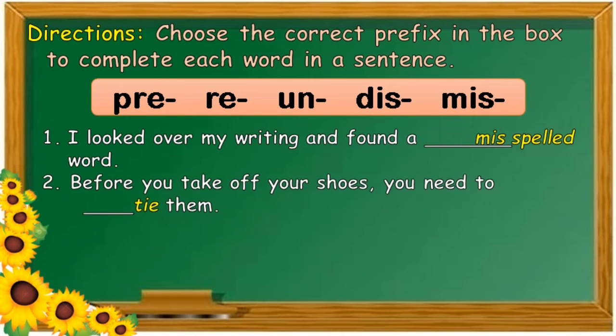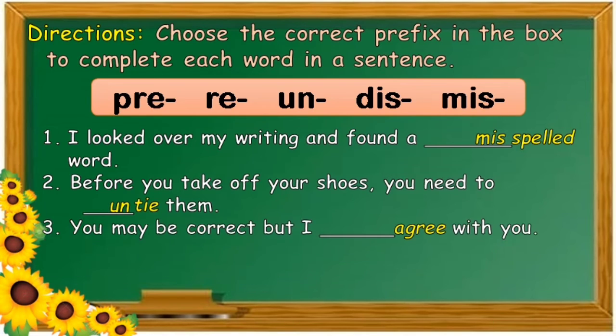Number 2. Before you take off your shoes, you need to blank tie them. And the correct answer is un, untie. Number 3. You may be correct, but I blank agree with you. Very good. The correct answer is dis, disagree.